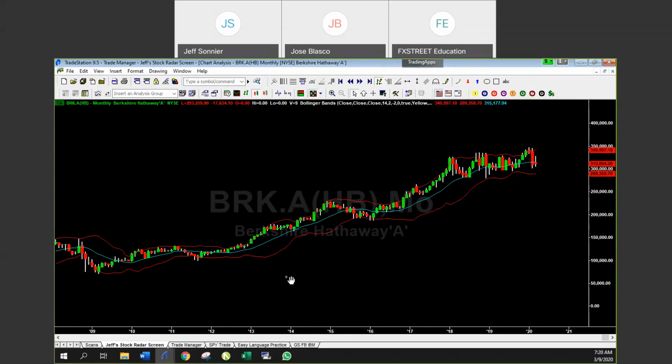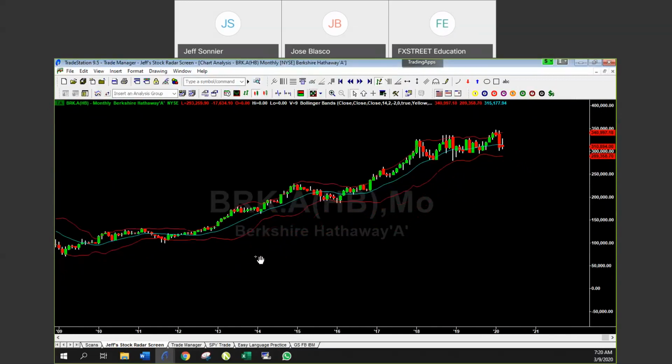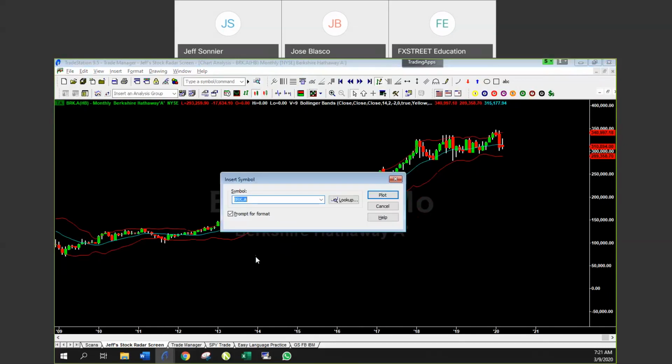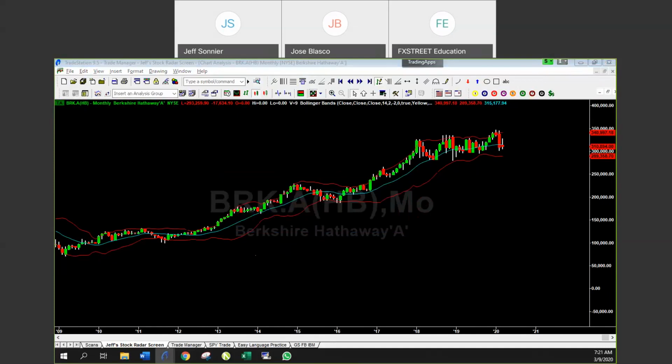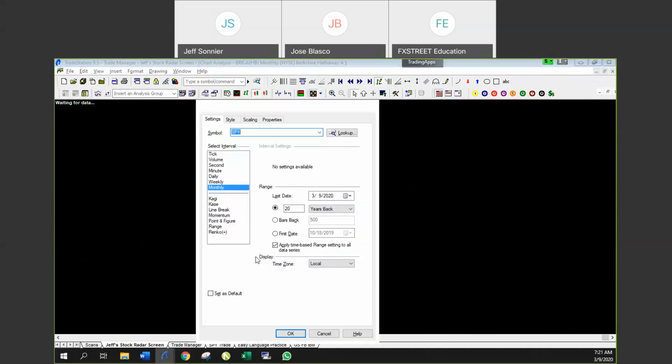What I'd like to show you now is diversification. We've all heard about diversification. We need to diversify, and I want to add a chart in here that will show you, and you can probably do this with any stock that you have in your portfolio. Let's look at the SPY, since that's basically the S&P 500.